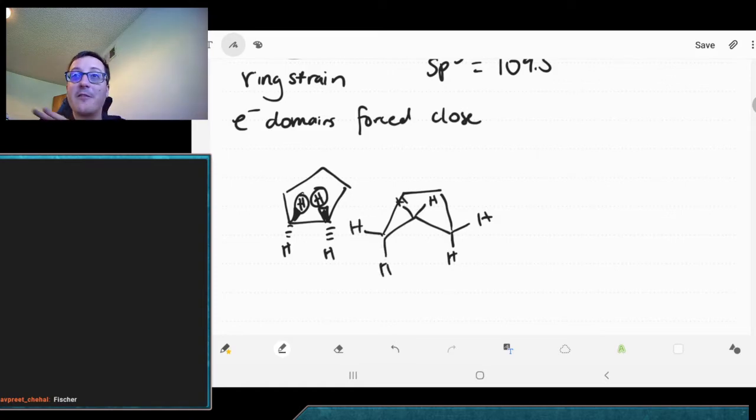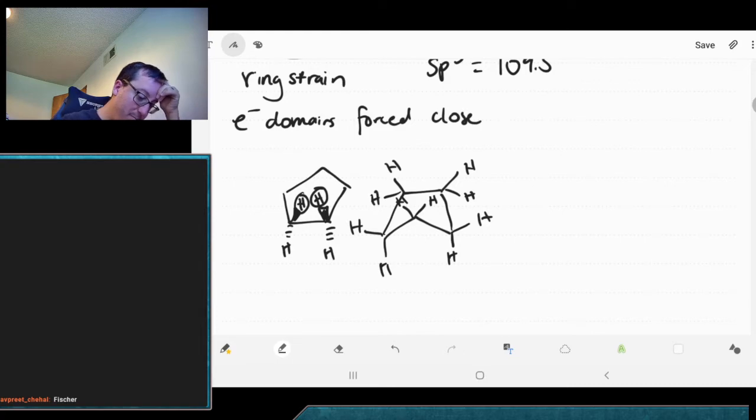So we don't really have a flat structure. We have this kind of buckled shape, they call it an envelope. I don't really see an envelope here, but that cyclopentane bumps around a little bit. And so in reality, we don't actually have 108 degrees. We're going to have a little bit different.